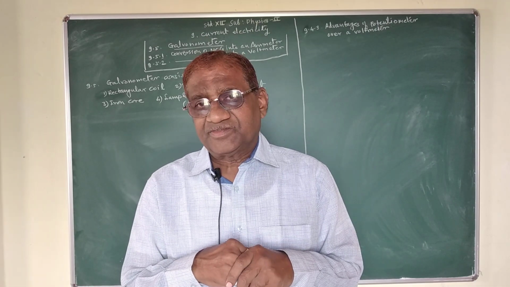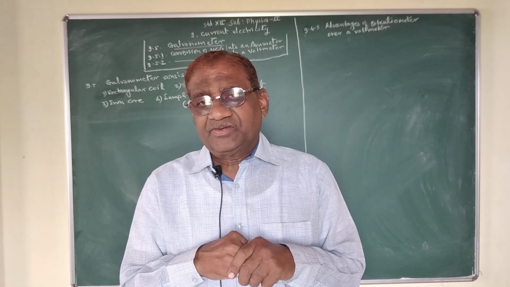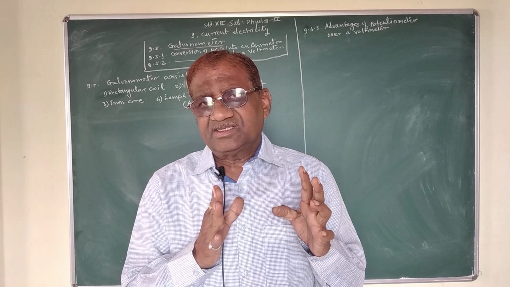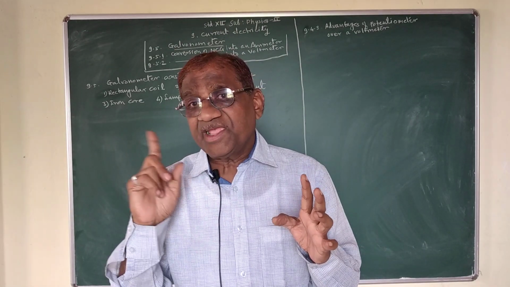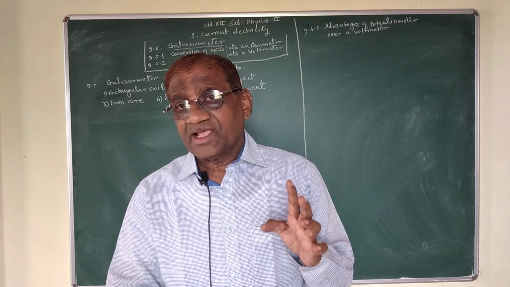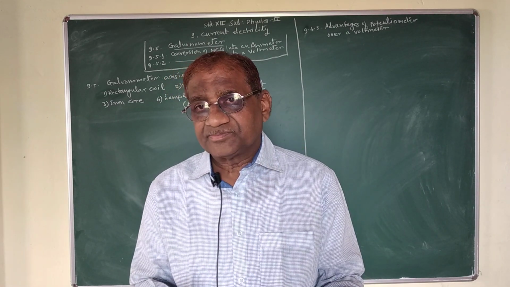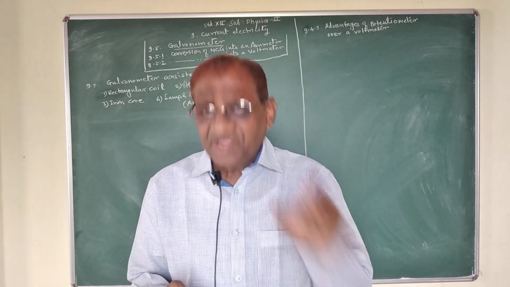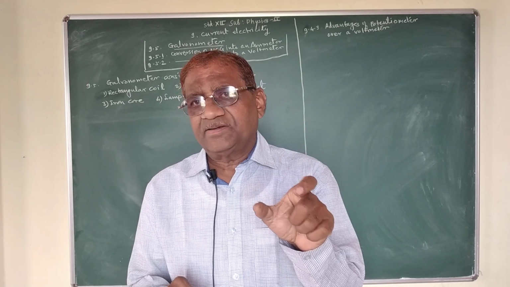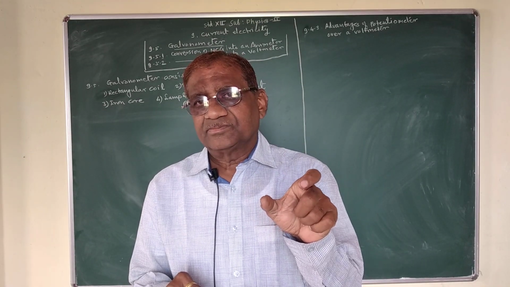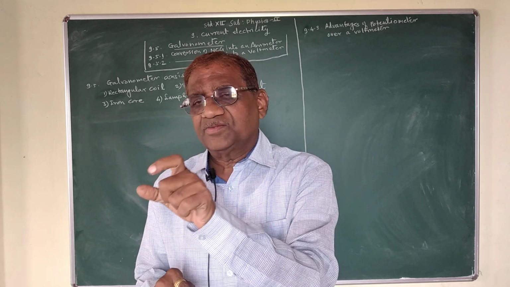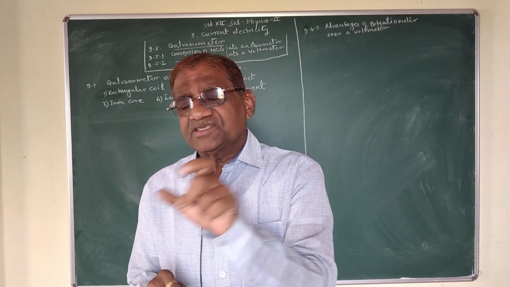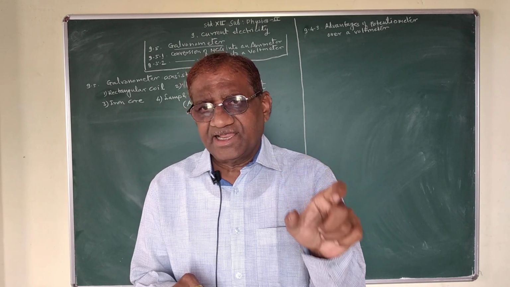But we can use this galvanometer for the measurement of these two quantities, so we must make some modification in that galvanometer. We must modify this instrument for the measurement of electric current and for the measurement of potential difference between 2 points in an electrical circuit.